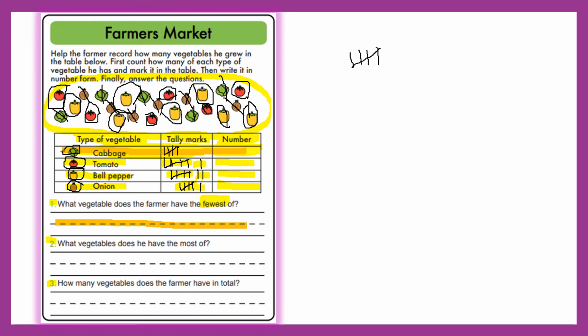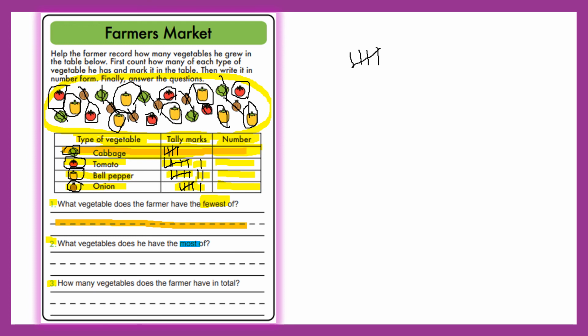All right, let's take a look at number 2. And number 2 says, what vegetable does he have the most of? And you know what most means, right? So come over here and see which one has the biggest number, right? Because most means the biggest. And I'm going to give you a hint.